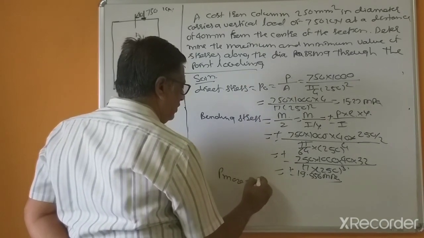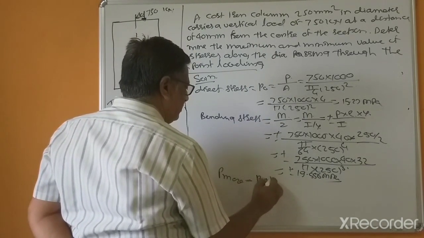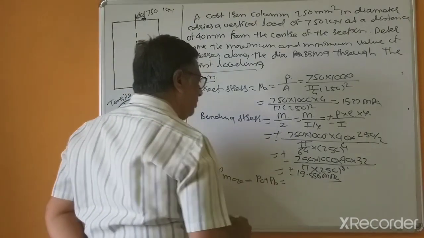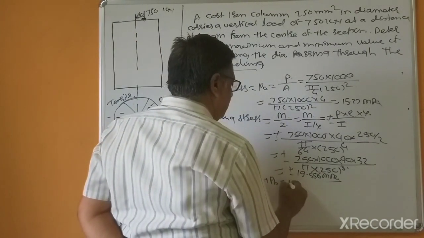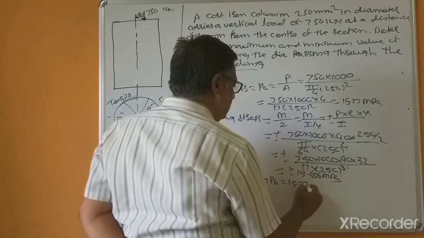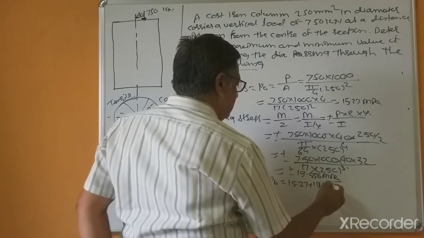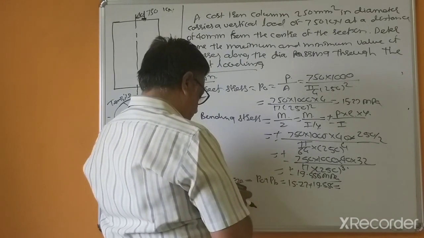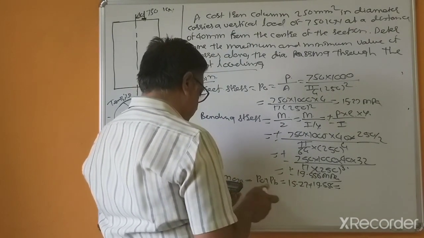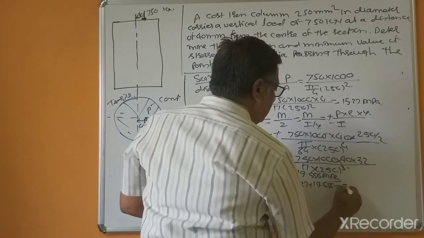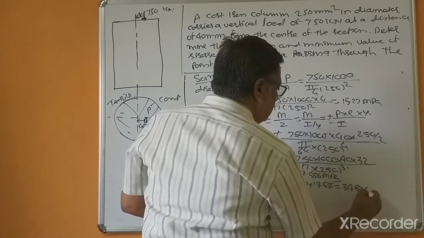Maximum stress equals direct stress plus bending stress: 15.27 plus 19.556, which is 34.82, and this is compressive.